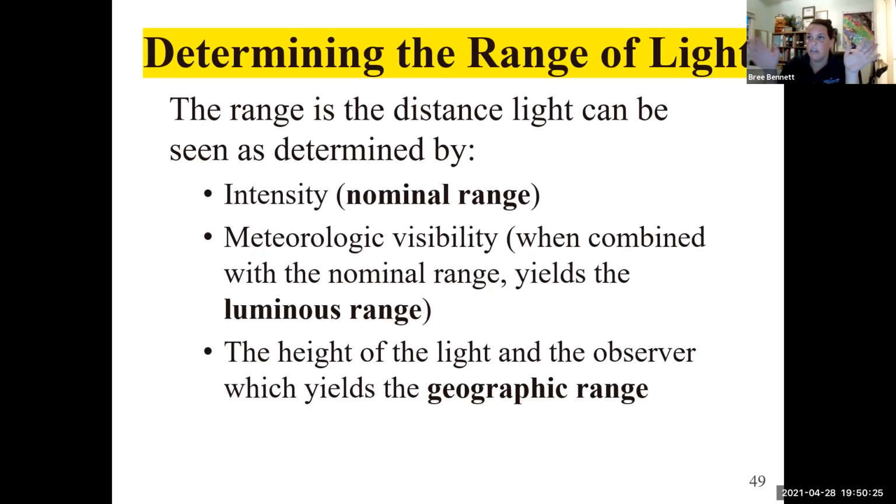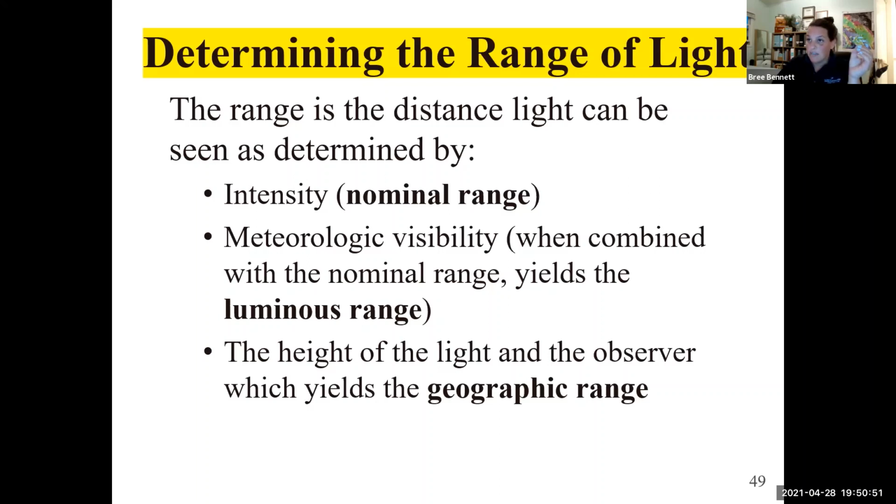So if the weatherman, KTLA, says visibility is great out there, then it's more than 10 miles. Whatever it says on the chart, if it's perfect visibility, your nominal range is right on.